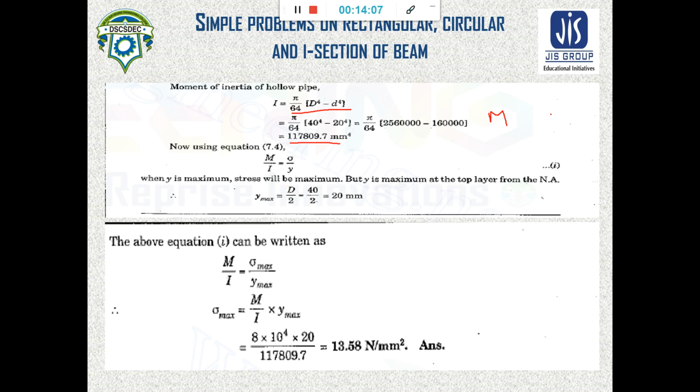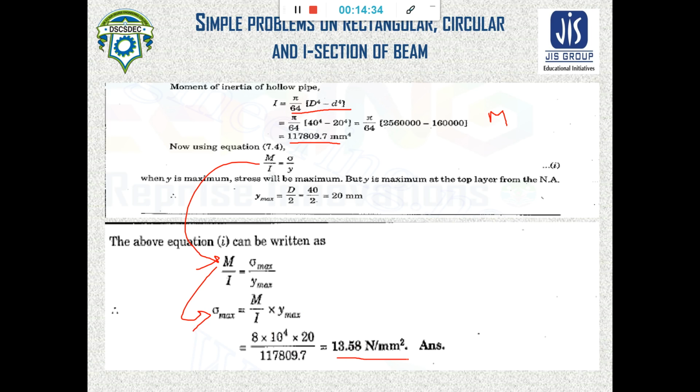Now if we put the values, M by I is equal to sigma max by y max. From here we can write sigma max is equal to M by I into y max. If we put the value of all these terms, that would give us 13.58 Newton per millimeter square.